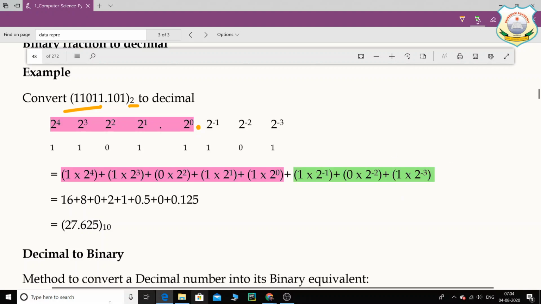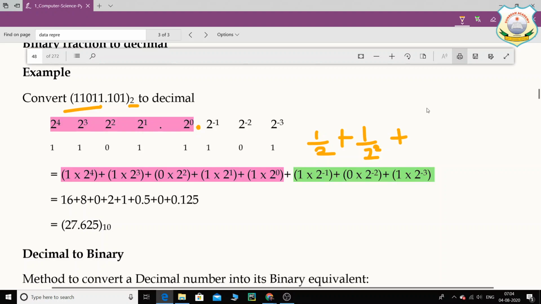So I hope this is clear. This part will be 1 by 2, plus 1 by 2 raised to 2. Now you have to calculate that, that is 1 by 4, right?